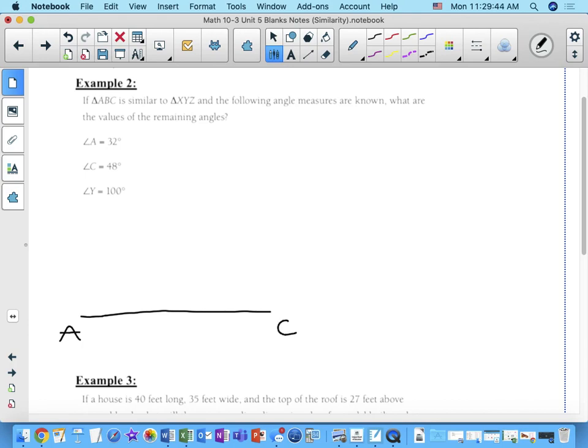And then we talked about in our angles unit about reference. Okay? And so I can kind of picture what 30 degrees looks like. 90 degrees is like a corner. 30 degrees is about a third of that. So 32 degrees is going to be like that. 48 degrees is about, it's a bit more. So it's going to be like that. So wherever those two meet, that's going to be the third one. That's B over there. And it doesn't have to be perfect. So that's one of them.